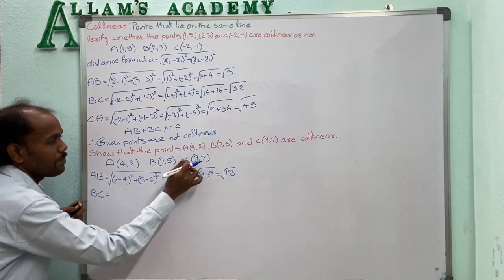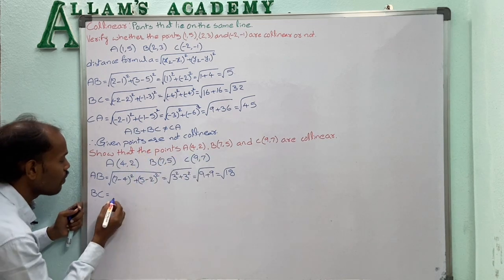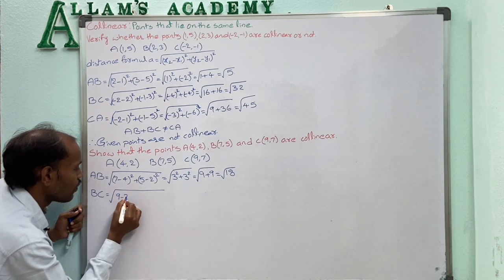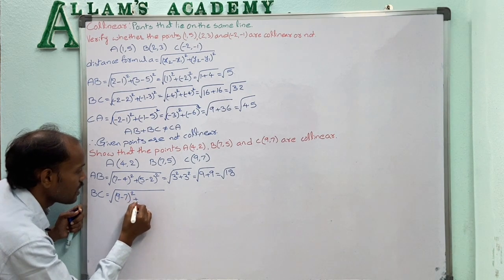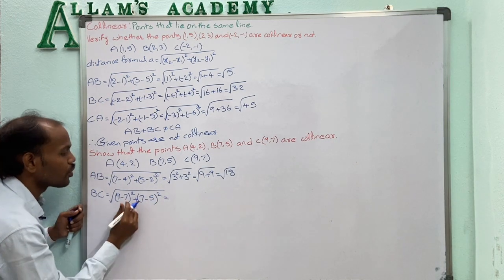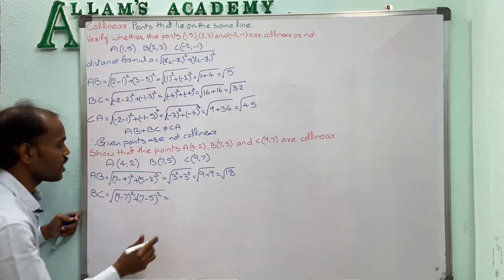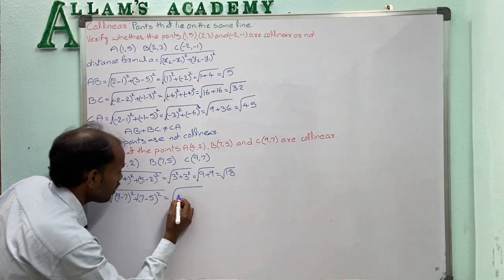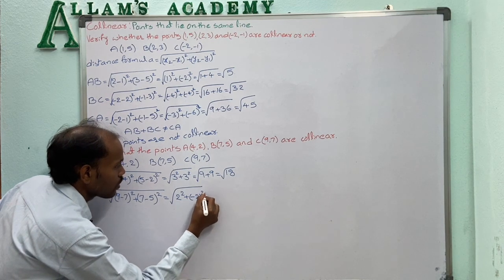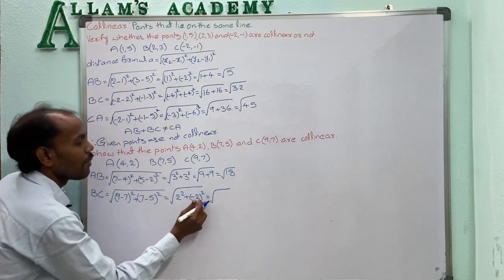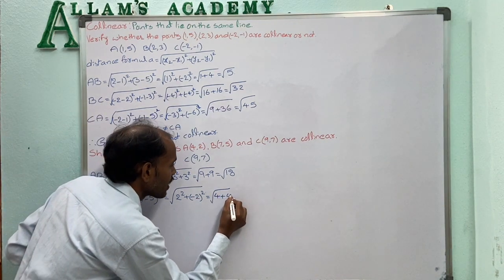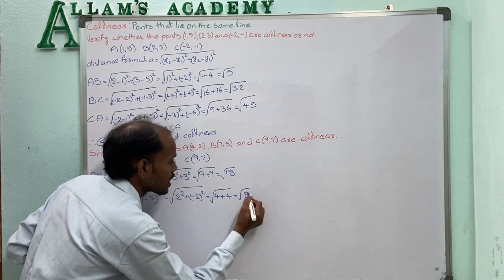That means under root (9 minus 7) whole square plus (7 minus 5) whole square. 9 minus 7 equals 2, 7 minus 5 equals 2. So under root 2 square plus 2 square. 2 square equals 4, and the other is also 4. So root 4 plus 4, that equals root 8.